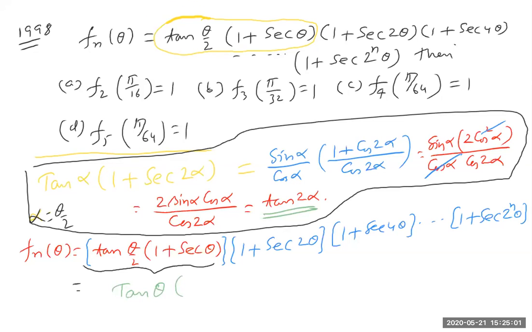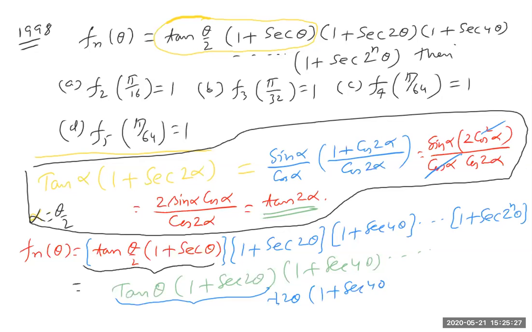Then this is 1 plus sec 2 theta. Again, this will be multiplied. Yes, ABC correct, Pranati. So again, now you will have 1 plus sec 4 theta and so on. So now this quantity is tan 2 theta. Next step you will write tan 2 theta into 1 plus sec 4 theta, half of this, and so on. So now this quantity is tan 4 theta and so on.